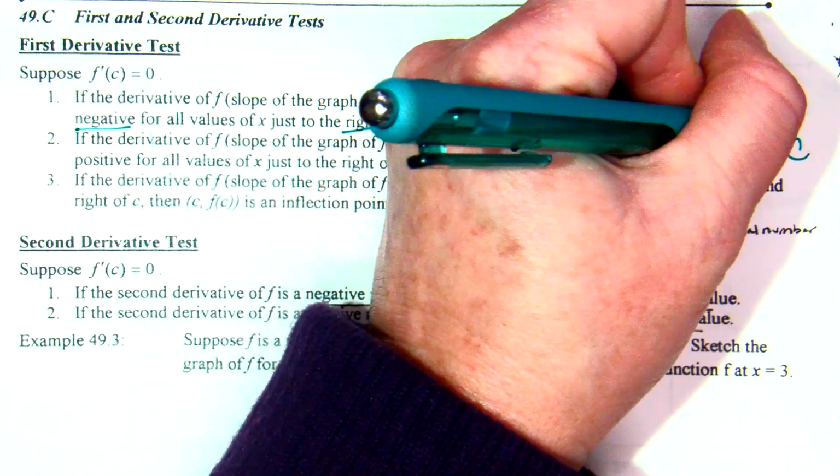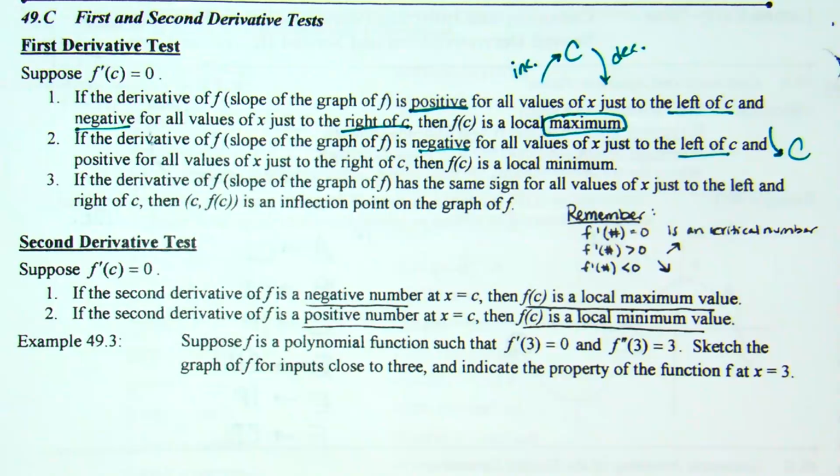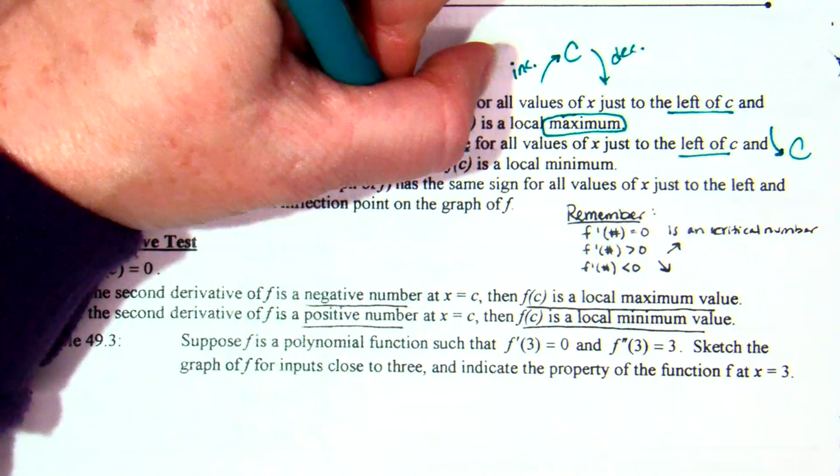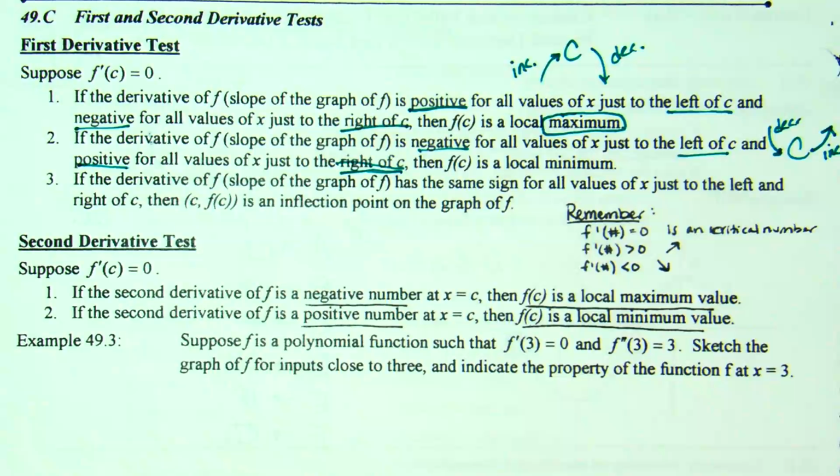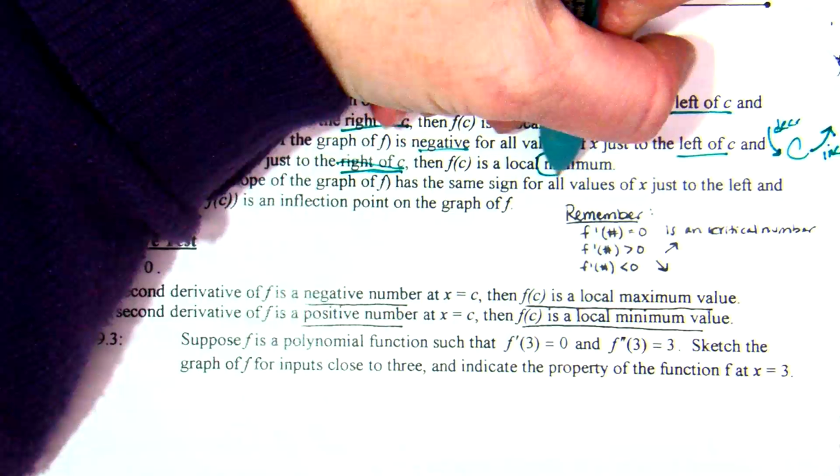So if we're decreasing to the left of C, and then if it's positive for all values to the right of C, whoops. If my first derivative is positive, what's it doing? Increasing. So if we decrease to a point and then increase away from the point, what is that? It's a minimum. Okay, so this is officially your first derivative test.